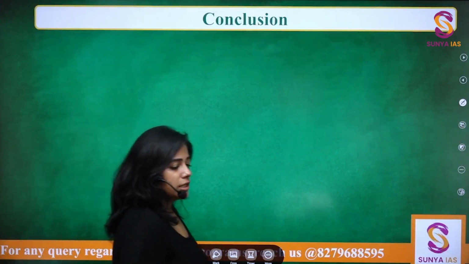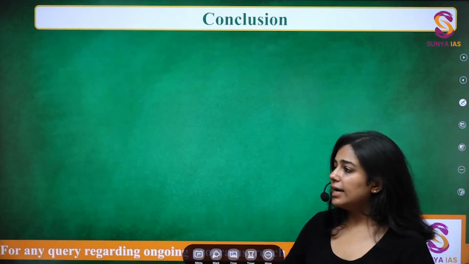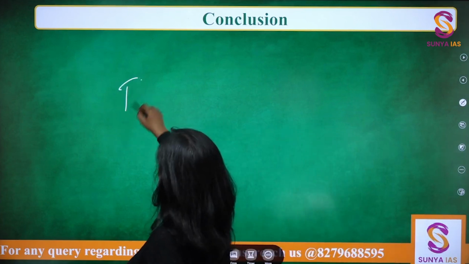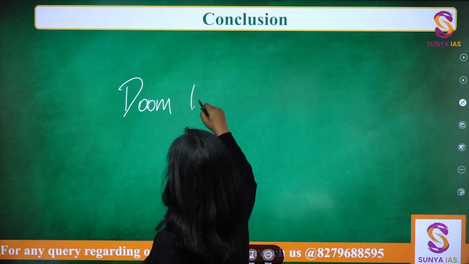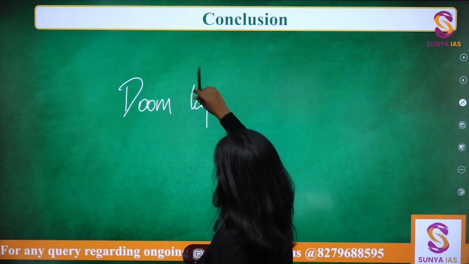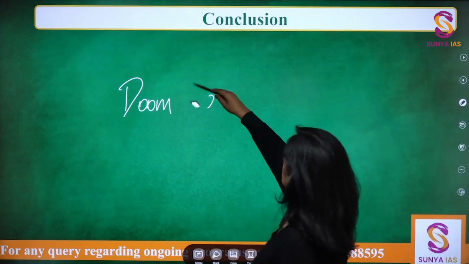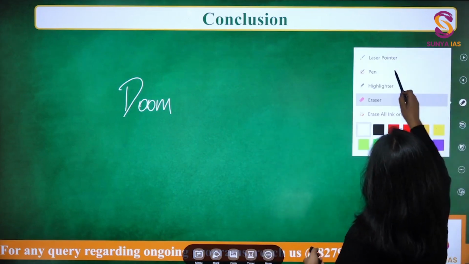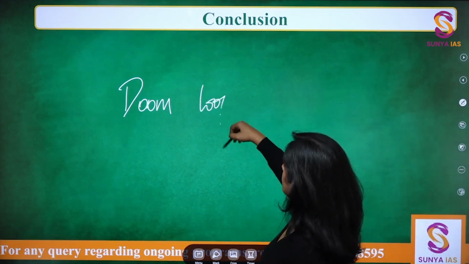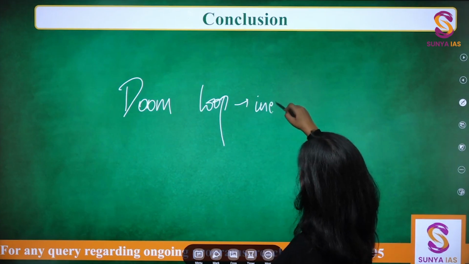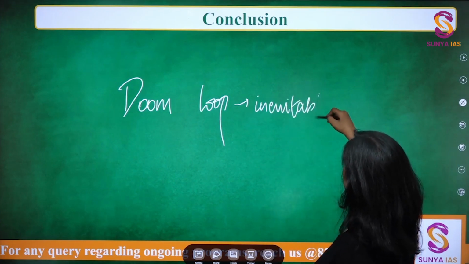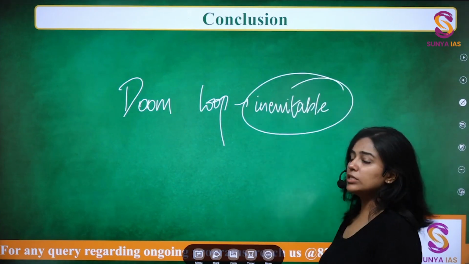So overall, the conclusion is that for every economy at one point of time, doom loop can be inevitable. There will be a point when people will stop spending.